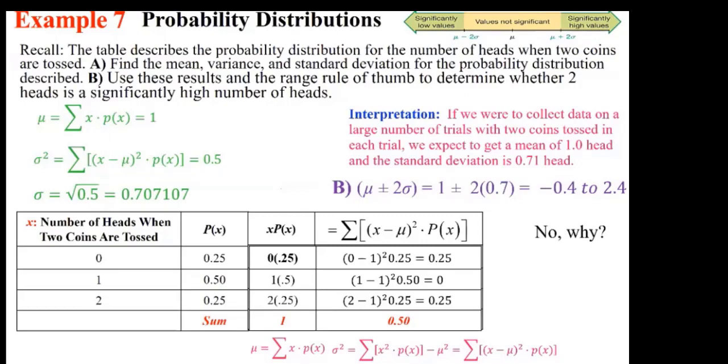It's because if the value is between negative 0.4 and 2.4, then that means that it's not significant. If it wanted to be significantly high, it would have to be higher than 2.4. Look at the numbers. The upper number is 2.4, and since 2 is less than 2.4, we are in good shape.